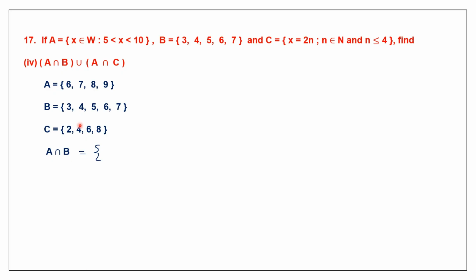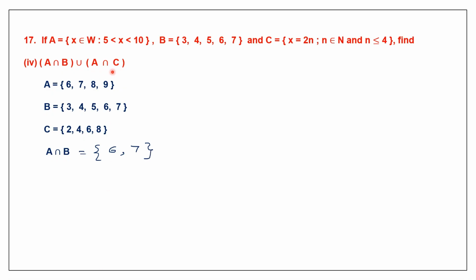Now here we have 6 that is common. So let's write 6 here. Then we have 7. 7 is also common. So let's write 7. Then 8. 8 is not there in B. 9 is also not there in B. So we have only two elements for A intersection B, and that is 6 and 7.